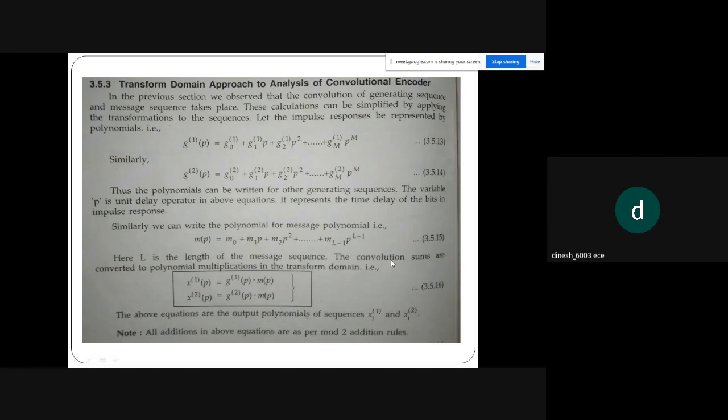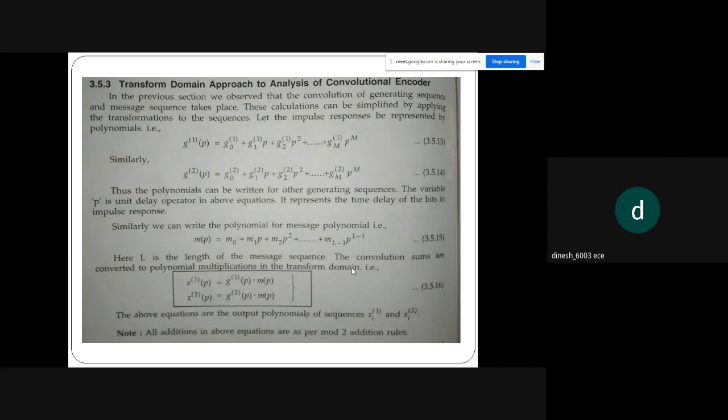So the convolution sums. How do we do convolution? The convolution sums are converted to polynomial multiplications in the transform domain.